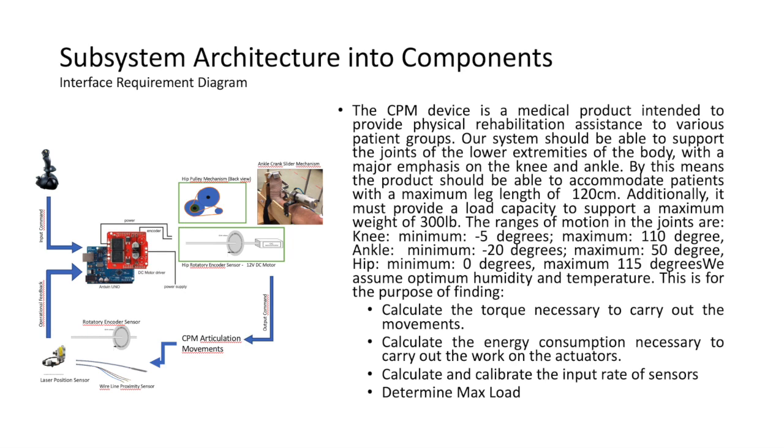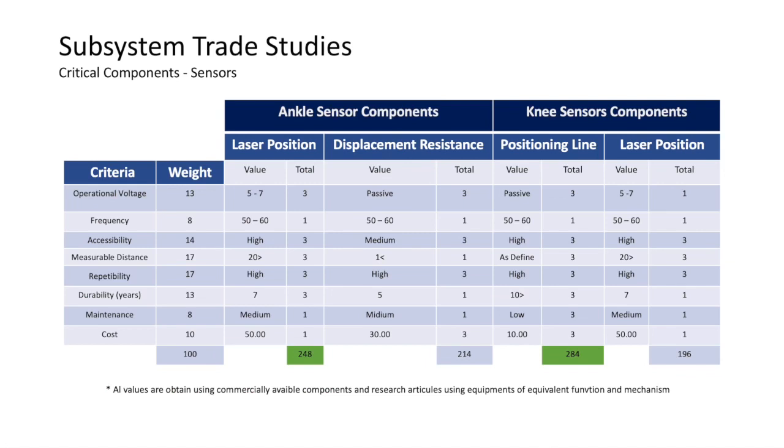Using the architecture breakdown mentioned above, we use decision matrix tools to select the best option for our components. We understand that our main components are the actuator system and the sensor system, so we created two matrices, one for each subsystem.